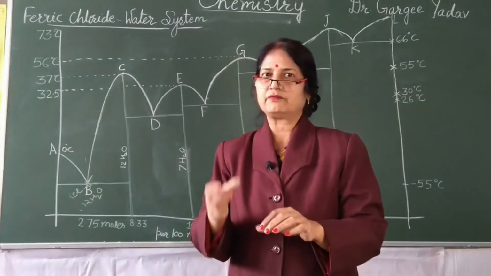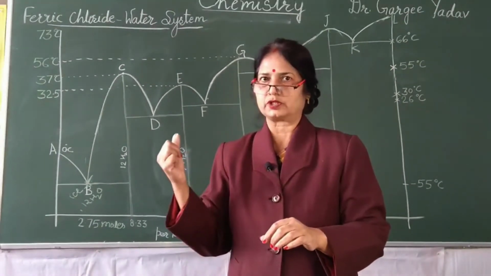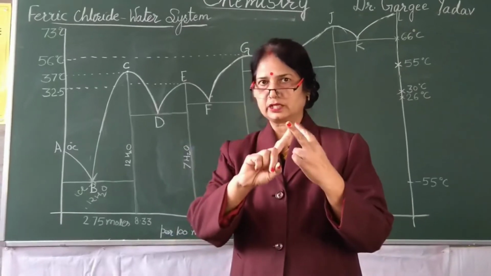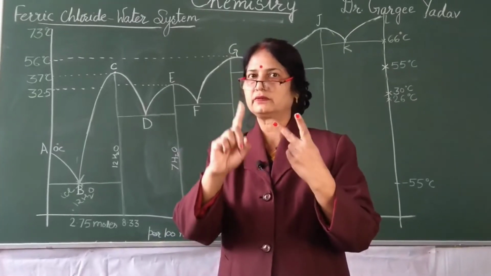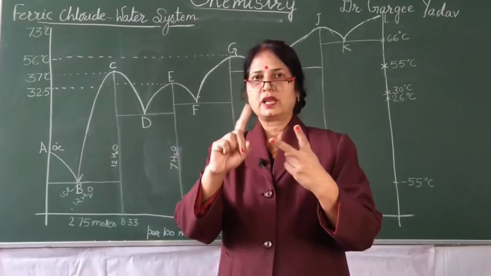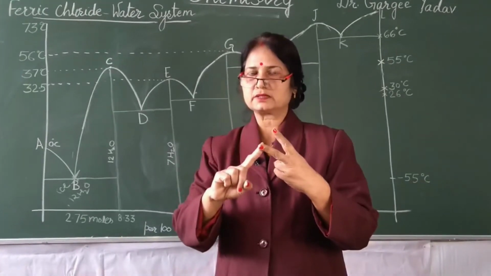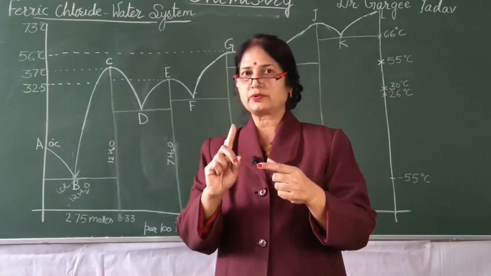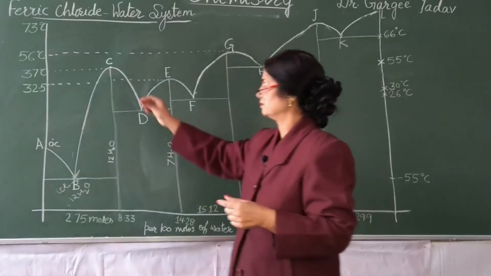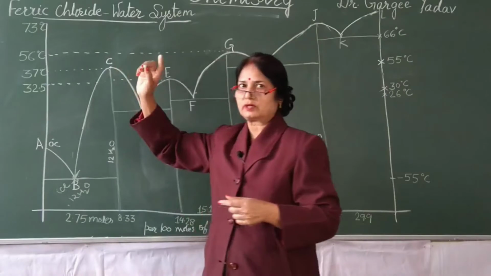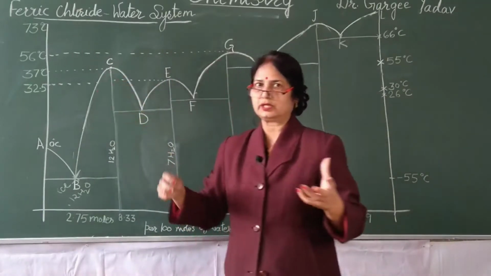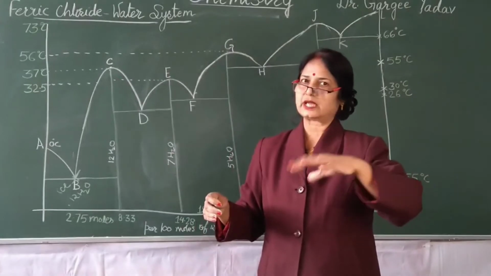It means it will be a one component system at this point, because there will be two phases. One will be the liquid dodecahydrate, another the solid dodecahydrate, and both these phases will have the same composition. So it will be a one component system at point C. This is our first congruent melting point also, because if we cool it a bit, we will get a solid of the same composition as that of the liquid.